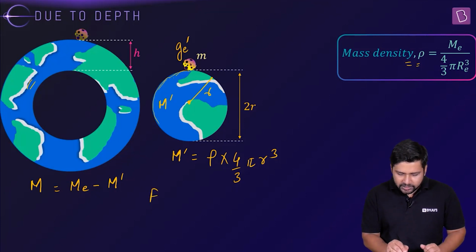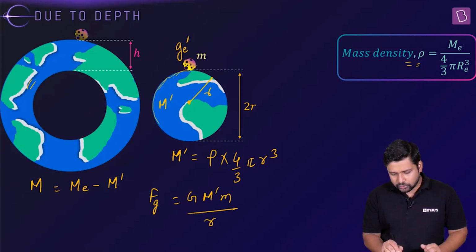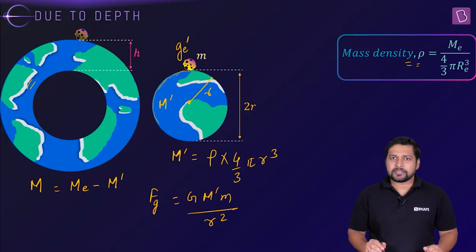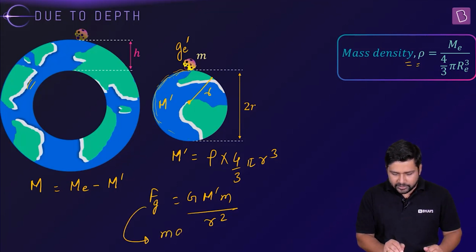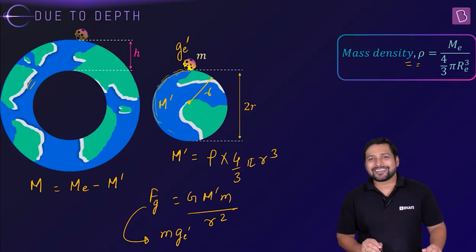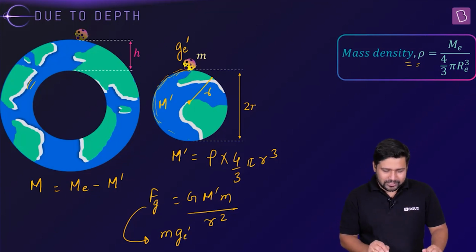So I can directly write this force due to gravitation is equal to G M dash m upon small r squared, because you are going to experience the gravitational force only because of this, and we know that this is also equal to m times g dash. Okay, so let's take it further from here and see how we solve this.